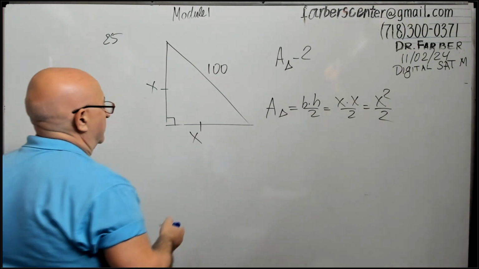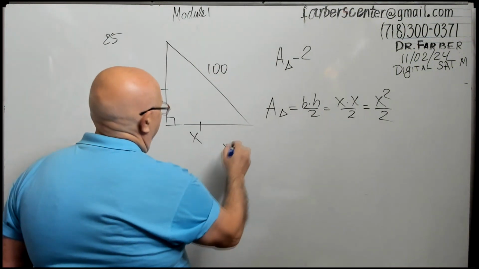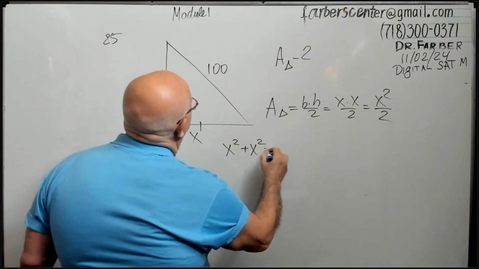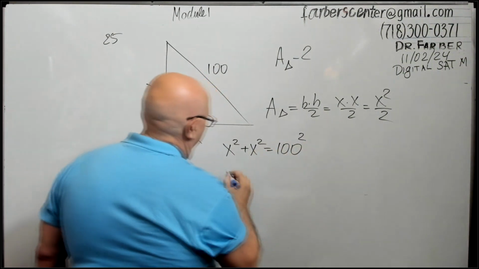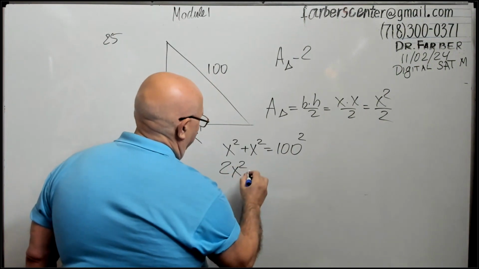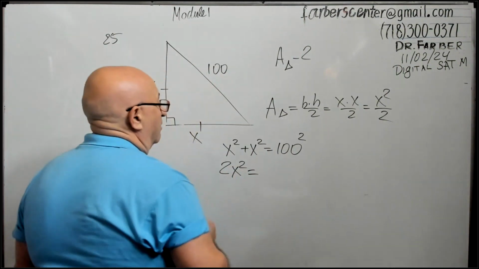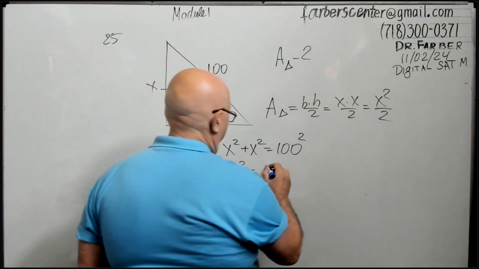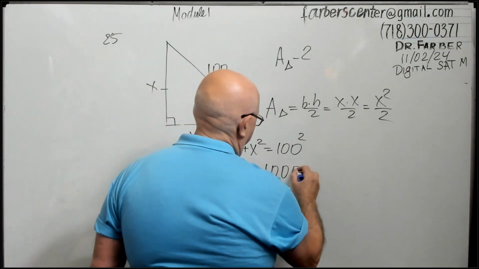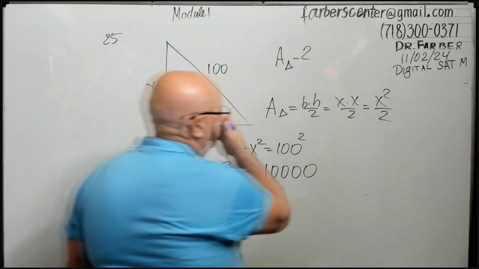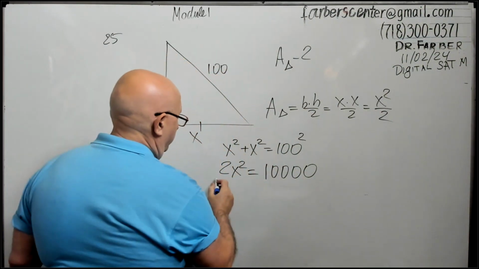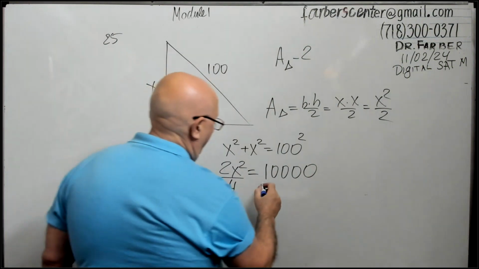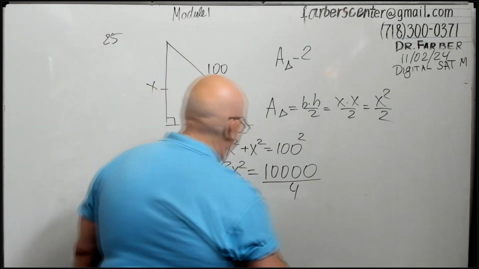From the other side, Pythagorean: x squared plus x squared equals 100 squared, or 2x squared equals 10,000, because I put the second column, right? I divide both parts by 4, not by 2, by 4, to make it easy.